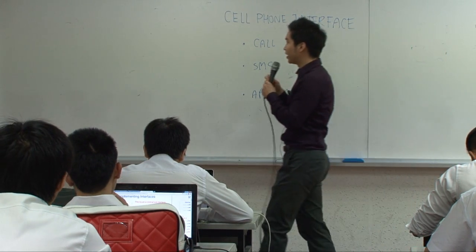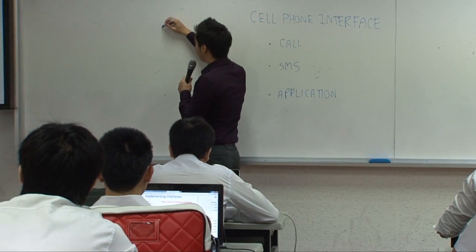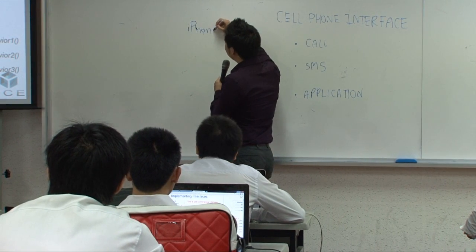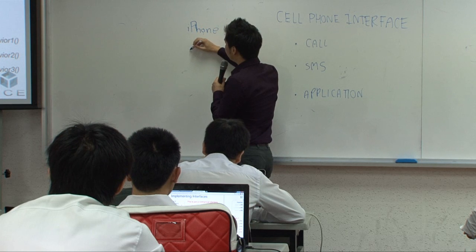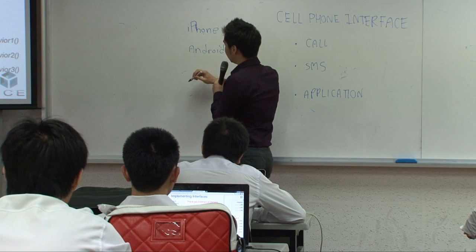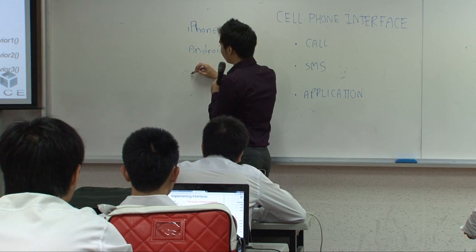So what are the phones that we have in the market today? We have iPhone, we have all the Android phones, and what else? We have the Windows phone, right?